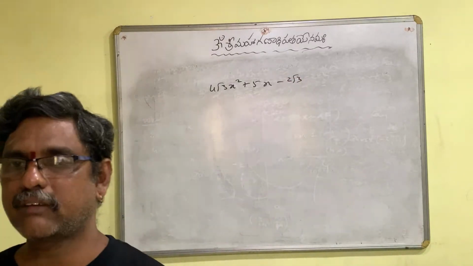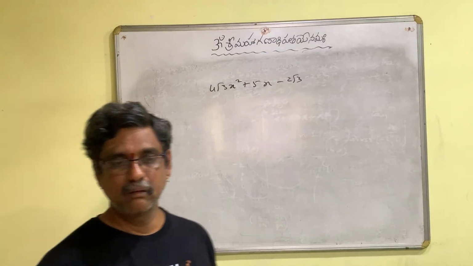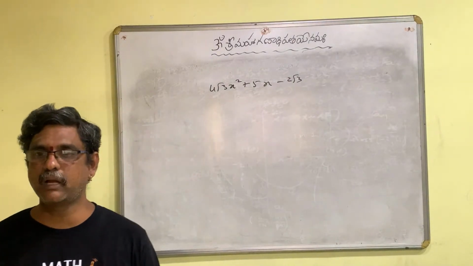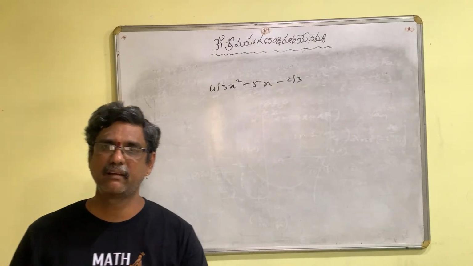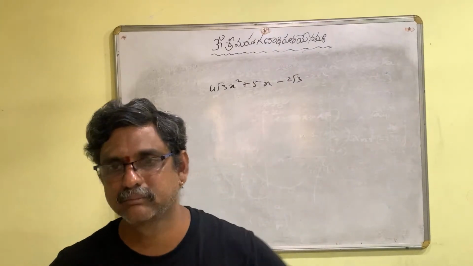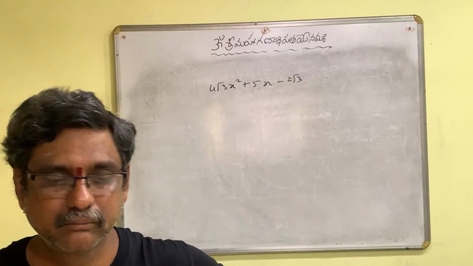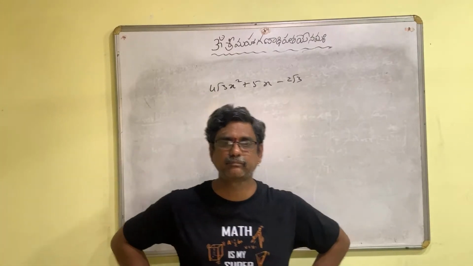Children, what are the zeros of this polynomial? You need to do it by using splitting the middle term.